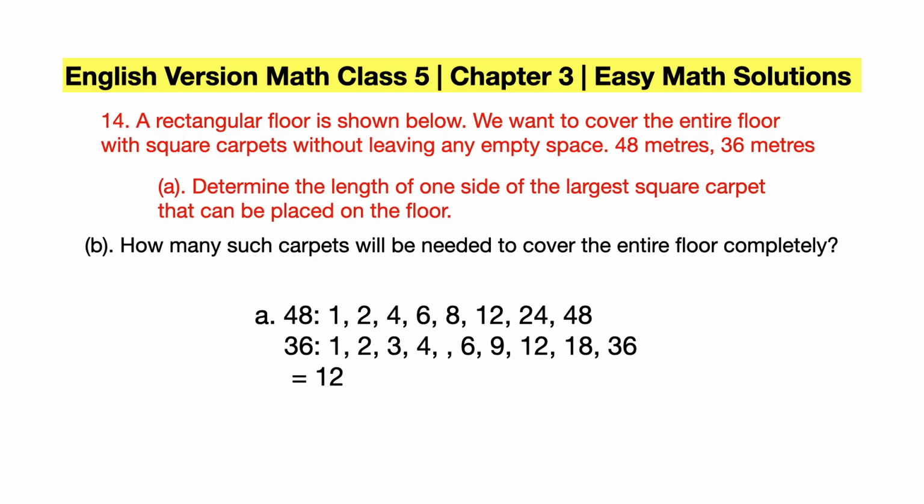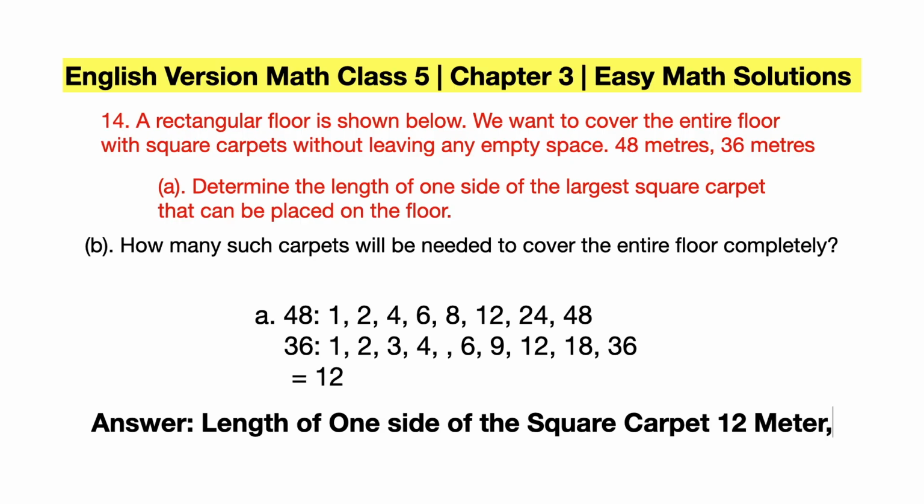Here the greatest common factor is 12. That means the perfect length of one side is 12 meters. Answer: the length of one side of the square carpet is 12 meters.